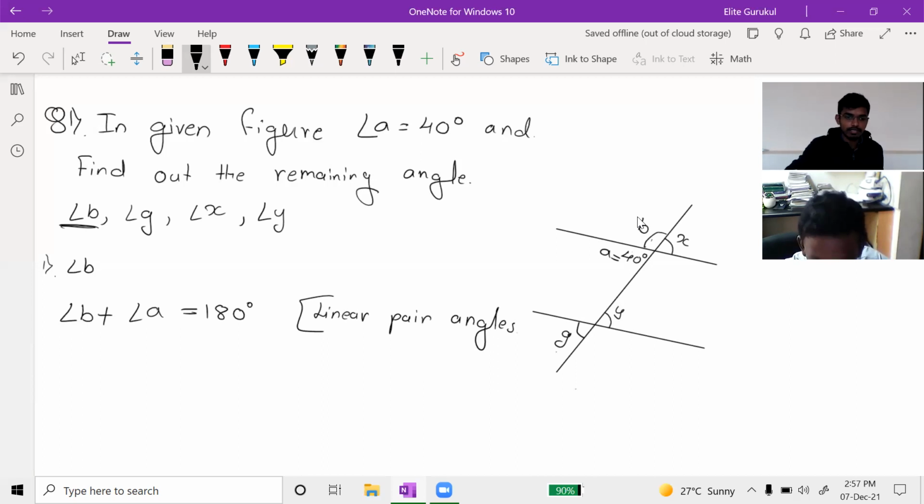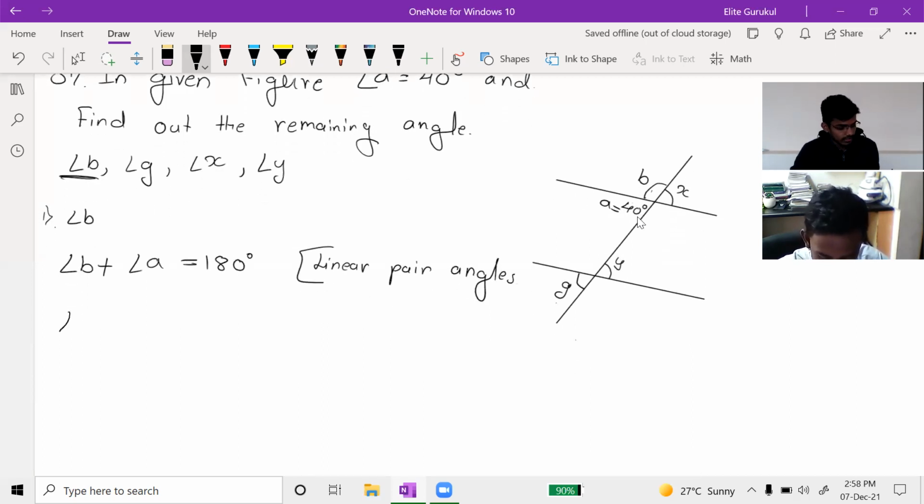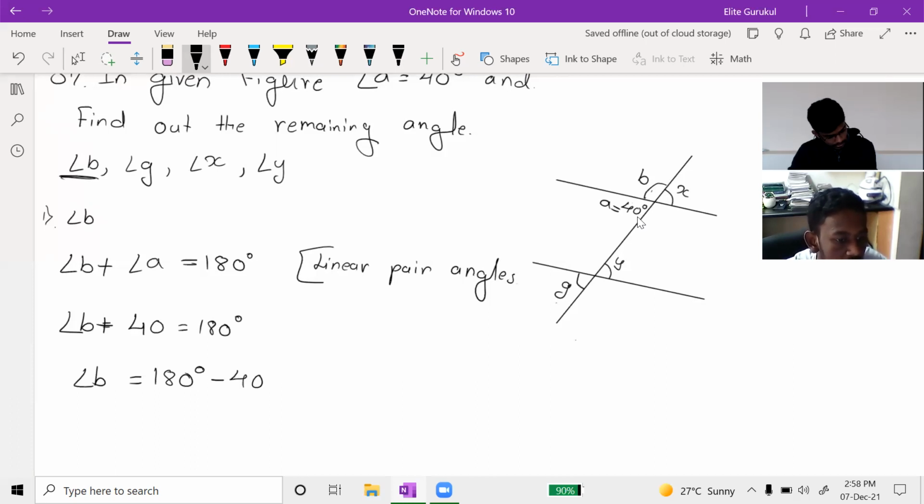Now we know angle A is 40 degrees. So angle B will be 180 degrees minus 40 degrees. How much will angle B be? 140 degrees. Very good.